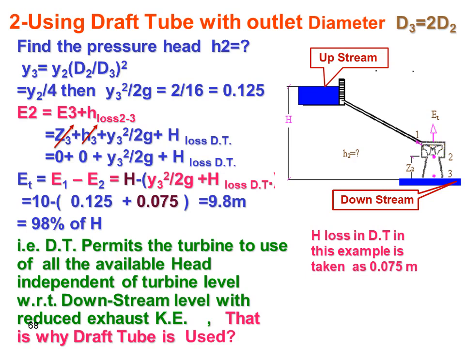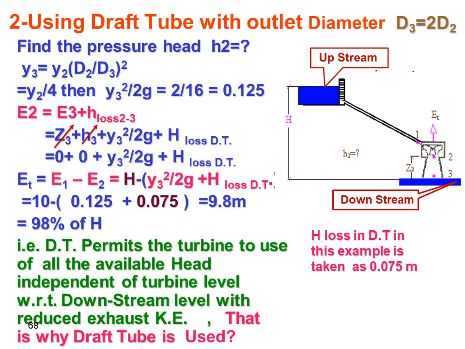As we know, at point 3 on the open water level, with the datum here, the potential head of point 3 equals 0 and the pressure head equals 0, atmospheric pressure.